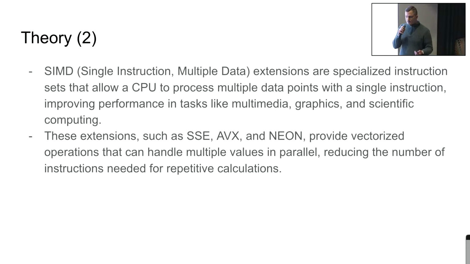And they are called vectors because they are extended. For example, there's a register called XMM1, which can contain 128 bits of data, whereas a regular register might fit only 32 bits of data.